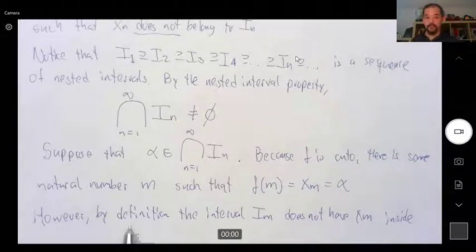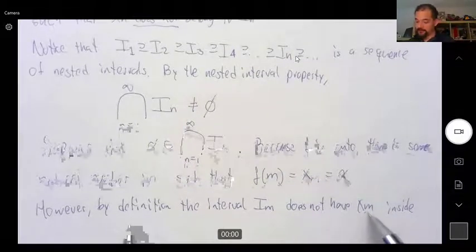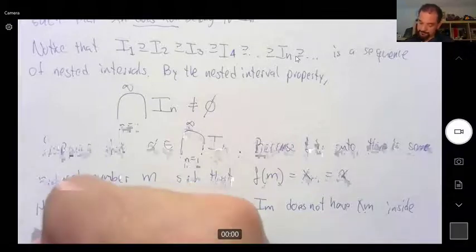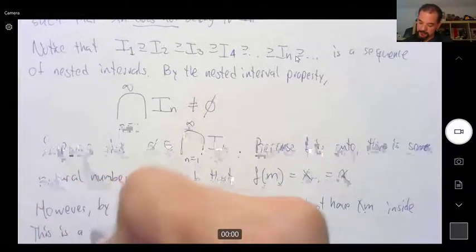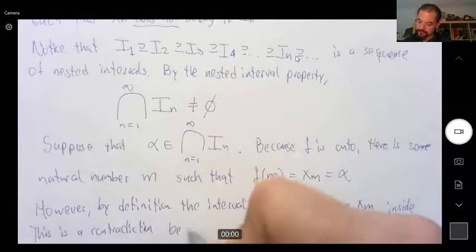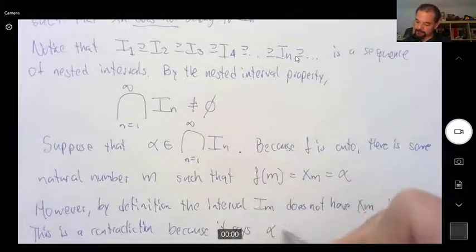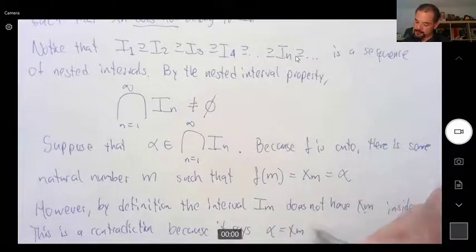So that's a contradiction. Why is this a contradiction? Because xm equals alpha, right? So alpha is not inside Im. This is a contradiction because it says that alpha, which is xm, is not inside Im.